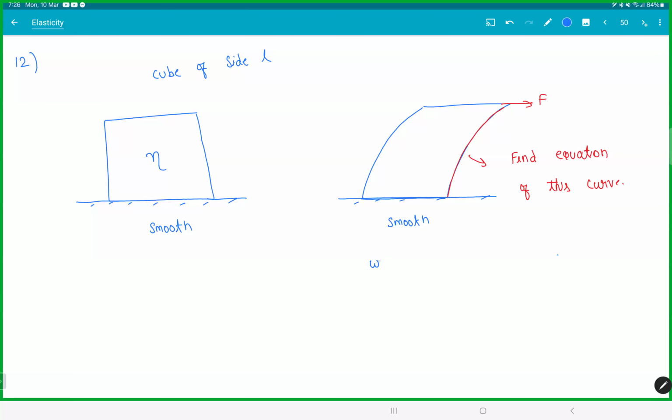So when force is applied, the edges curve. Remember, if this had been fixed on the ground, the story would have been different.